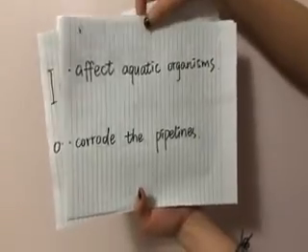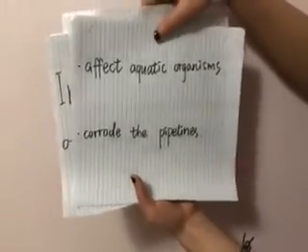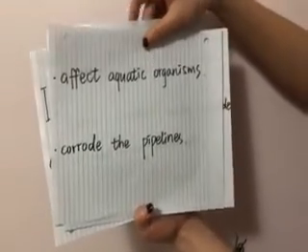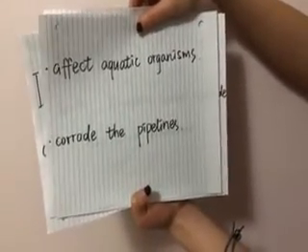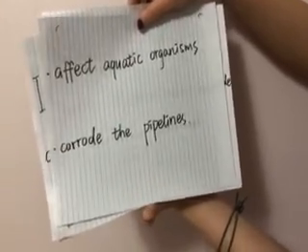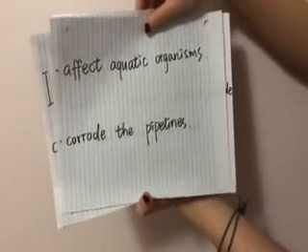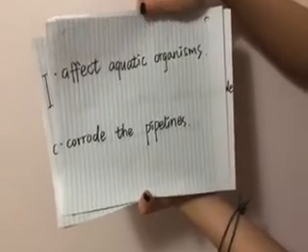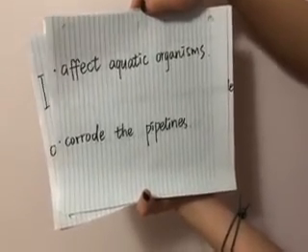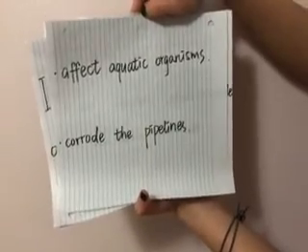And why should we neutralize this water? If a large amount of wastewater is discharged into the water, it will change the pH value and adversely affect aquatic organisms. And if this water is discharged into urban pipelines, acid and alkaline can corrode the pipelines.